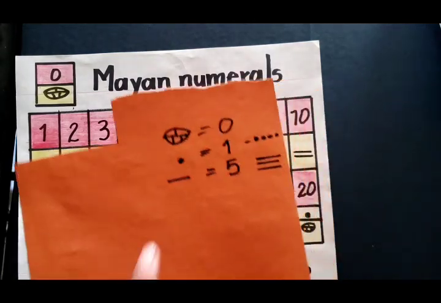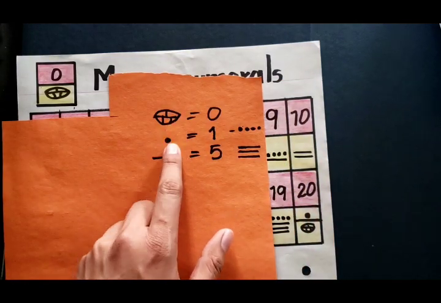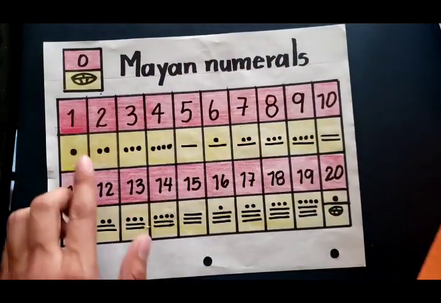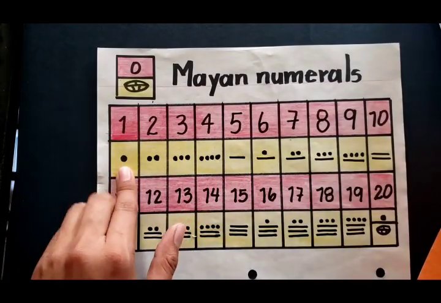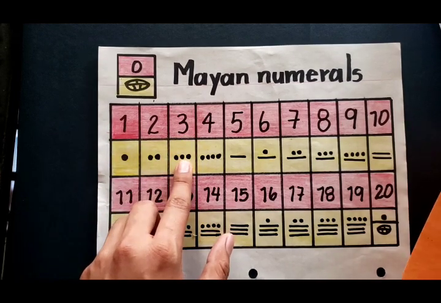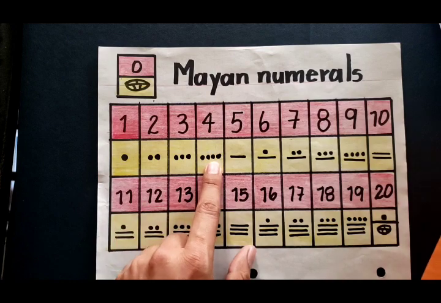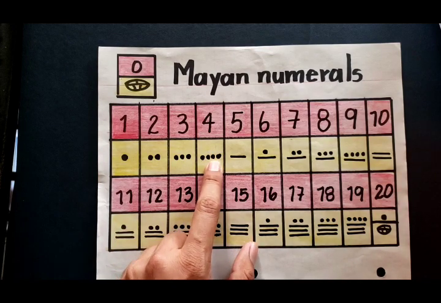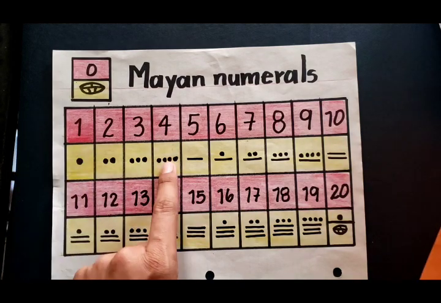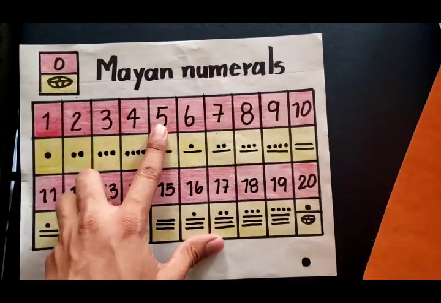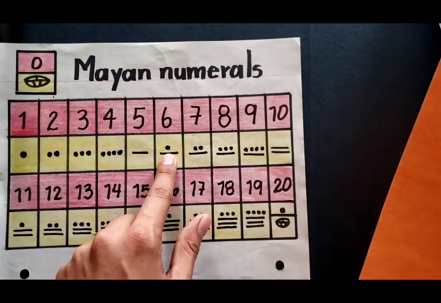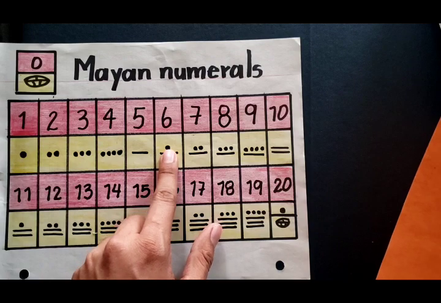So now that we know that this is 0, this is 1, and this is 5, let's see. 1, a point, 2, 3, 4. Remember that we can only repeat the dot 4 times. Now when we write 5, we write a line. 6, a line, which is 5, plus a dot, which is 1.